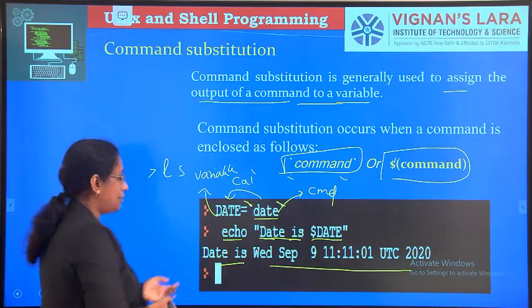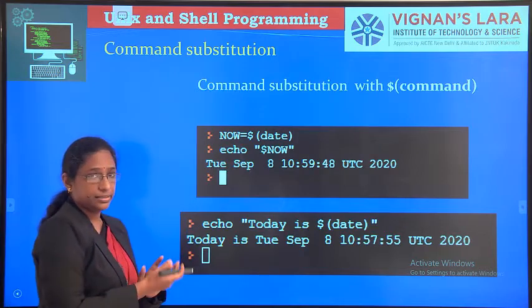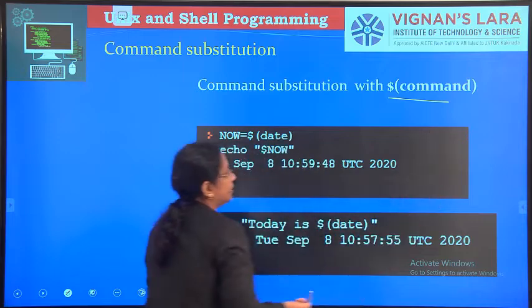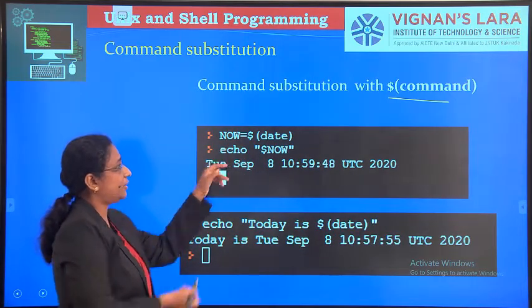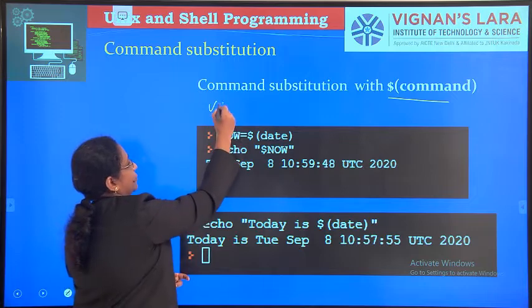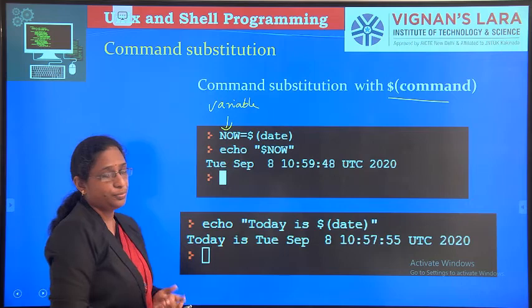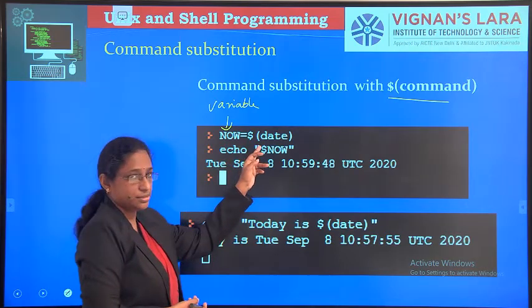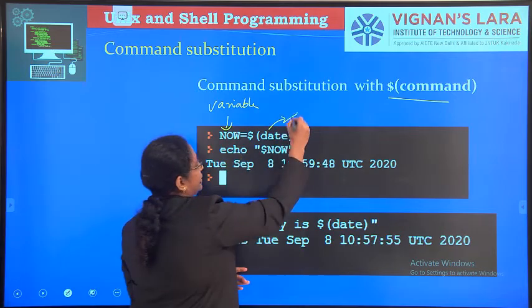The second method for doing command substitution is $(command). Same example now: here now is the variable in which I am going to store the output of the date command. With dollar and brackets, I am giving the date command.